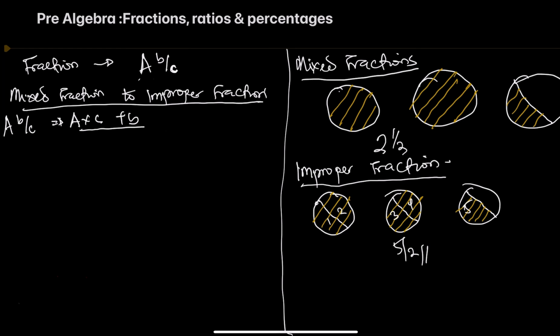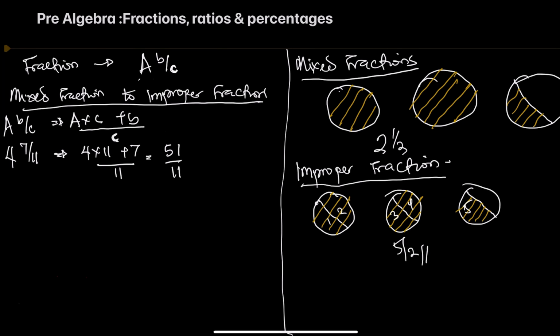Then we have C. So what does this mean if you want to convert a number, say 4 and 7/11? Your answer will be 4 times 11 plus 7 all over 11, so this is 51 all over 11.